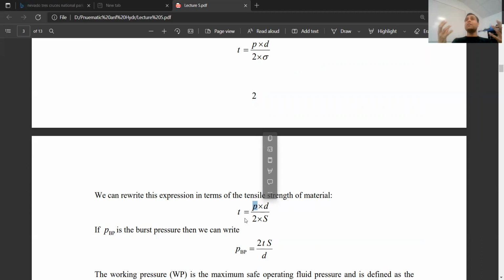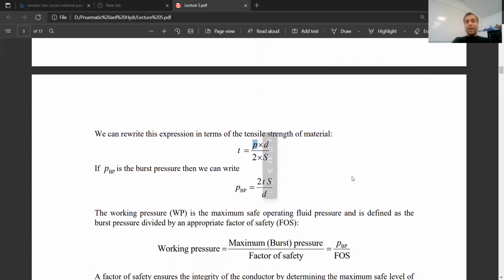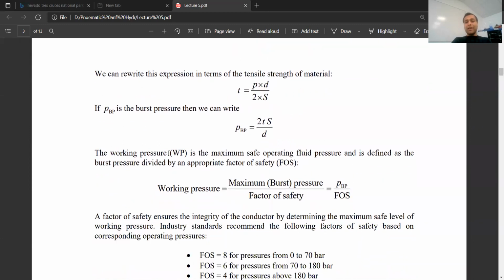So they have a kind of factor of safety. They want to make sure the lift is as safe as possible. Exactly the same thing: we have a working pressure, which is different from the pressure at which the material will burst. So there are two things. Working pressure is the maximum burst pressure divided by the factor of safety.